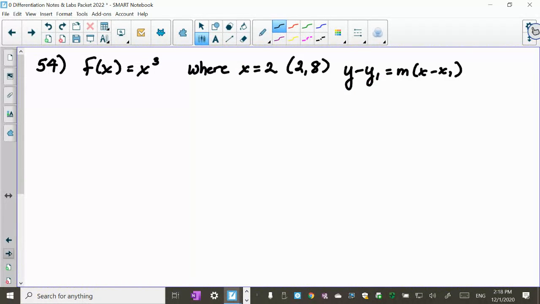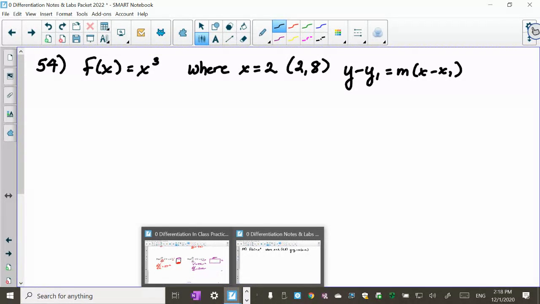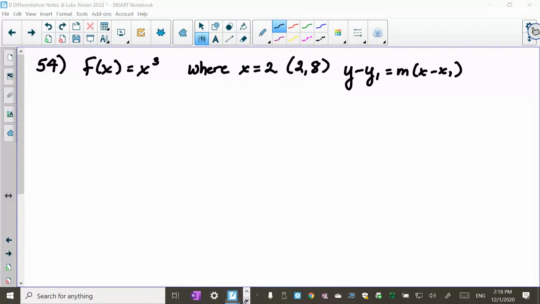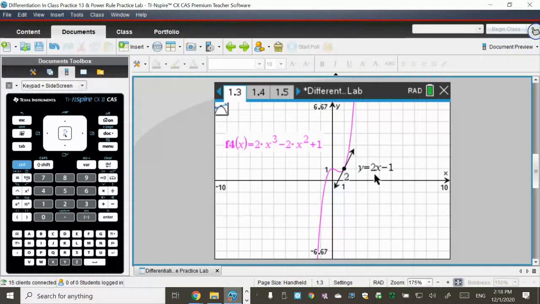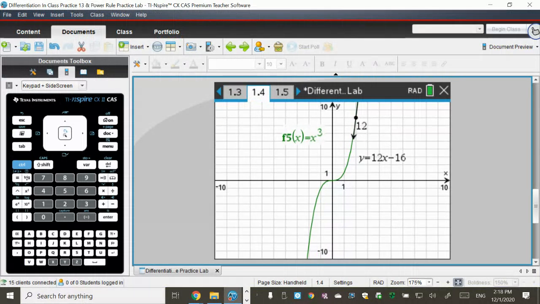All right, the next one I'm going to do is 4. It's very similar. I'm just going to kind of get you started on this. So I had everybody graph this, y equals x cubed. They want me to find, on the graph of y equals x cubed, the point when x is 2.